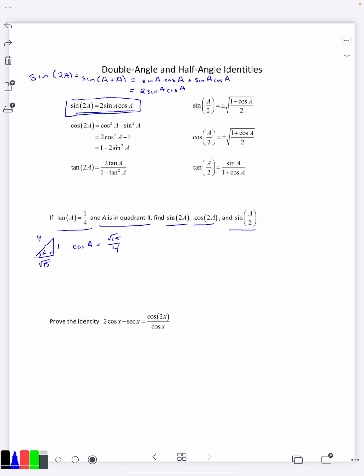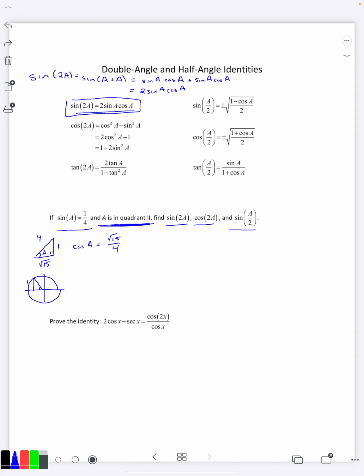I do want to point out that it in fact is not correct. So we did the right work, but I made the wrong conclusion. And we have to pay attention to the fact that A is in quadrant 2. So the real picture on a unit circle is I am in quadrant 2 over here.